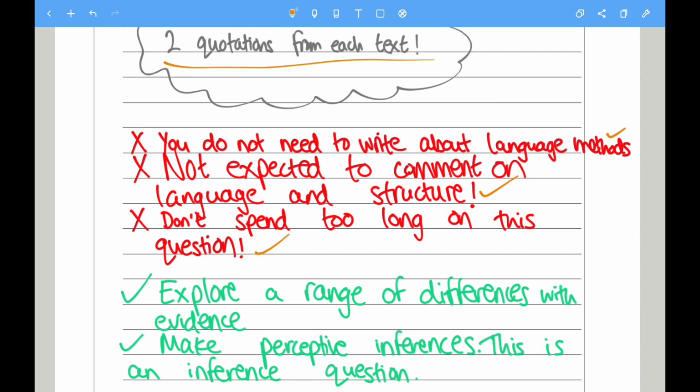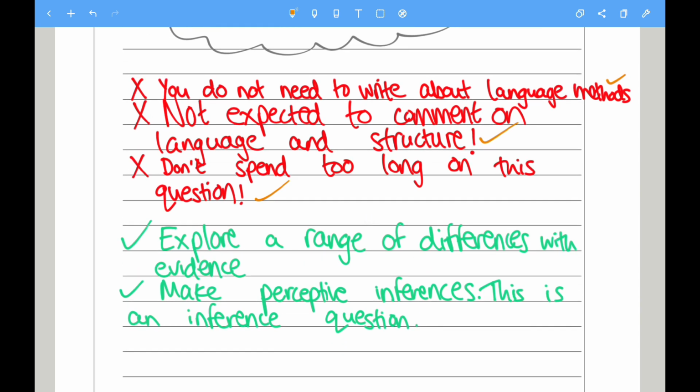In terms of the things you should do, you must explore a range of differences with evidence, okay? So throughout the text, you should try to find a range of quotations. Make perceptive inferences. This is an inference question, it's very important, okay? It's looking at how you infer the text, what you understand, what conclusion you come to from reading source A and source B.